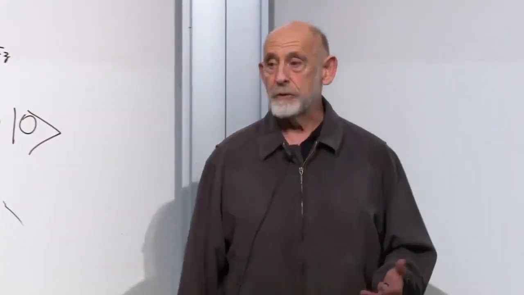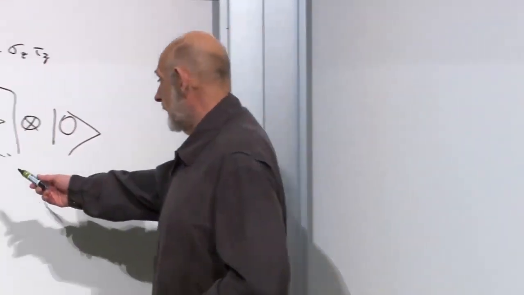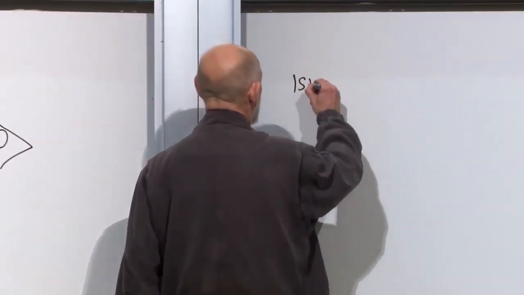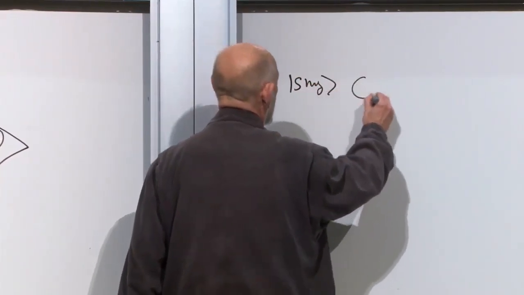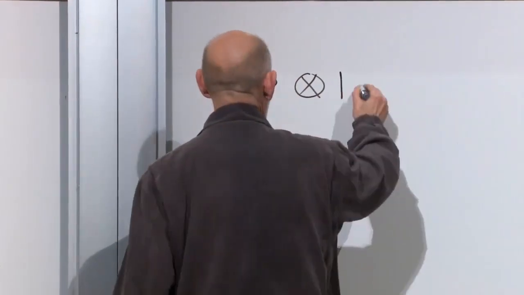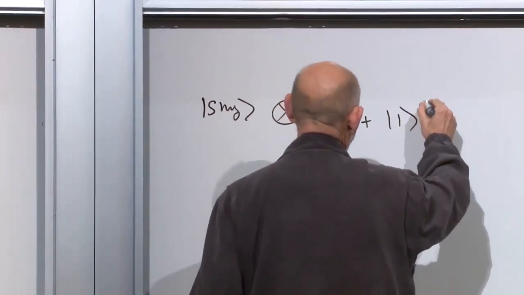The state with one photon is a state with one photon, and you can add them. That's what's happening here. You would eventually come to the state which is singlet times no photon plus one photon.